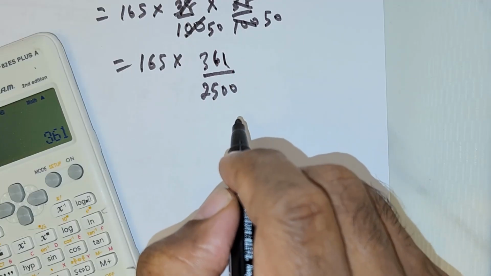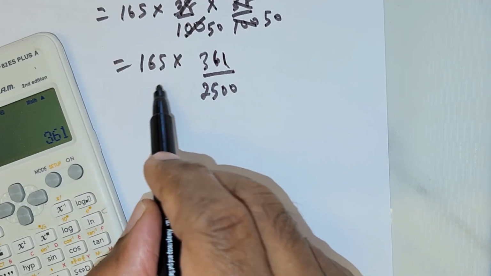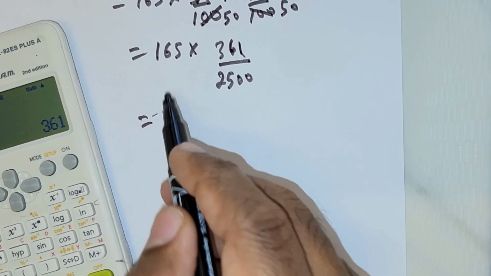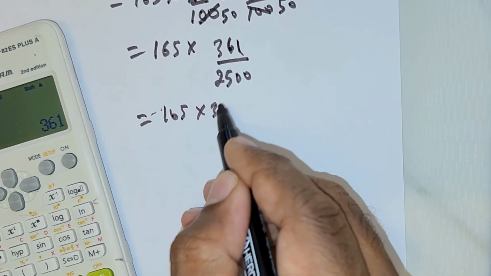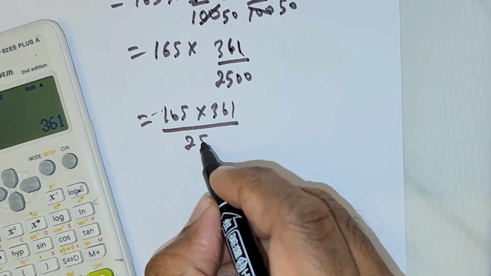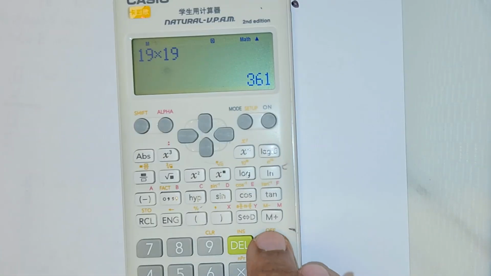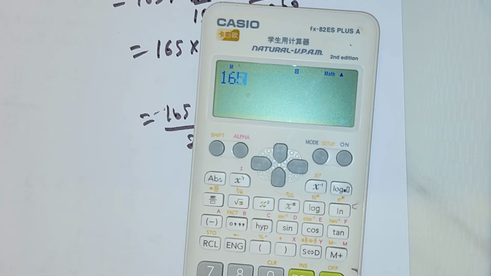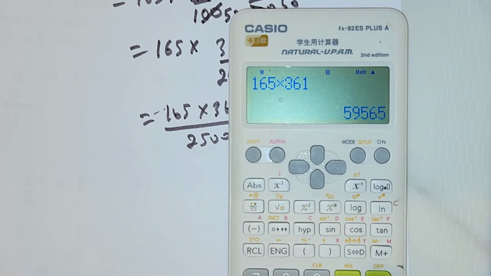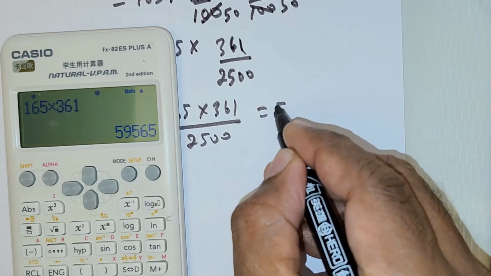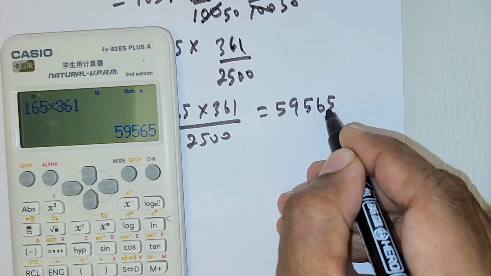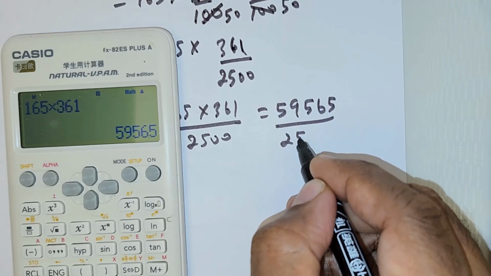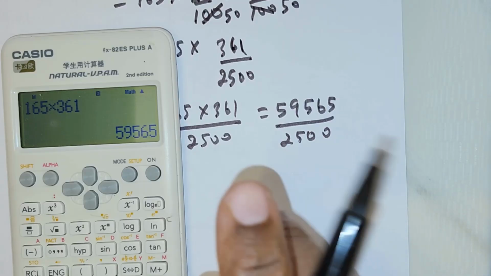So now what you have to do is multiply 165 with 361 and divide by 2500. So 165 times 361 is going to give me 59565 divided by 2500.